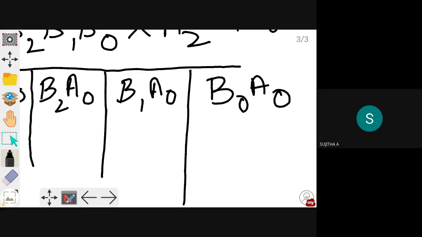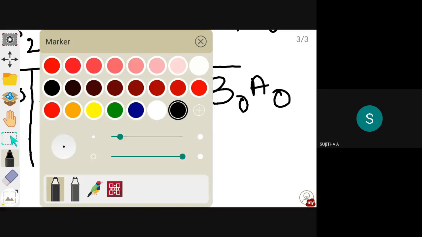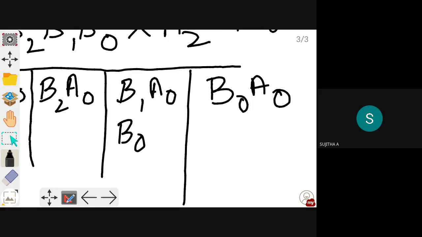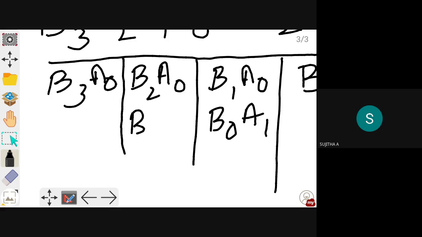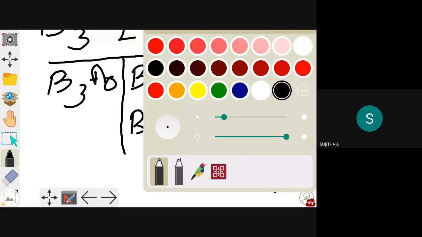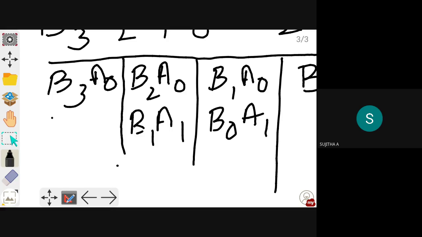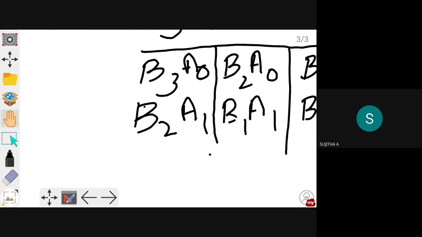So next you are going to multiply with A1. So you get B naught A1, B1 A1, B2 A1, B3 A1.